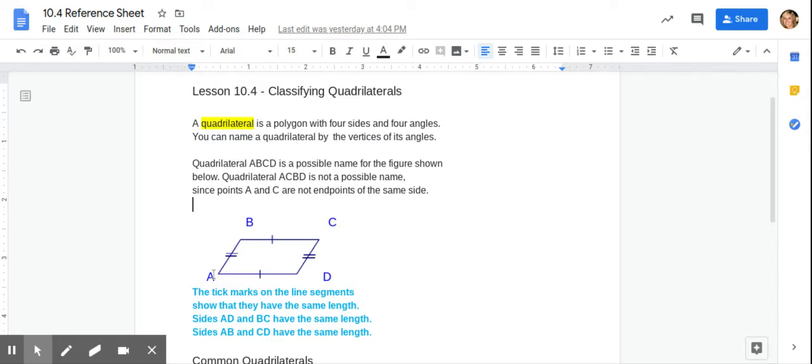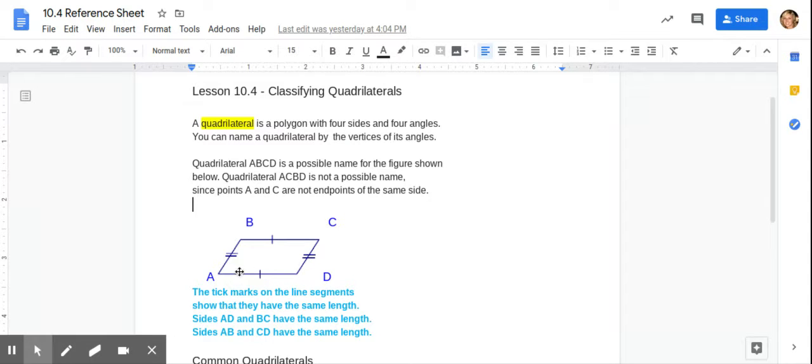Quadrilateral A, C, B, D is not possible since points A and C are not at the same endpoint. So you need to have it going in an order, around, like A, B, C, D, or it could be D, A, B, C, or something, but it can't go crisscrossing.